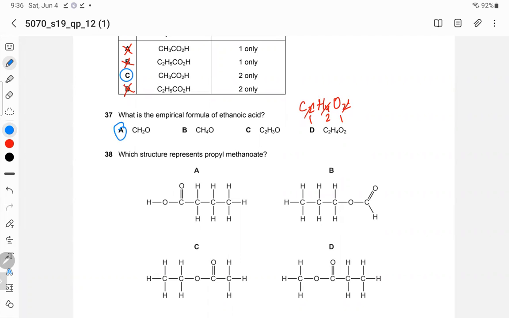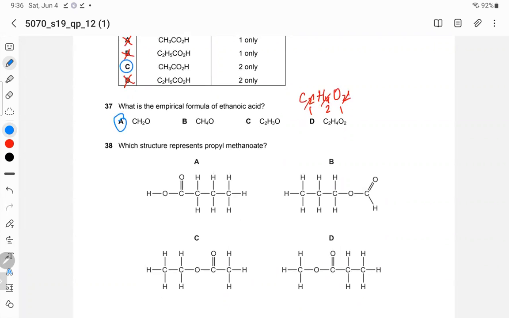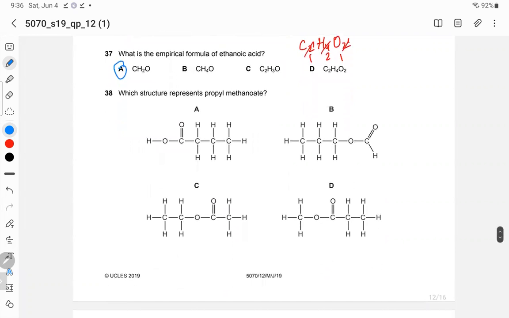Okay. Now question number 38. Which structure represents propyl methanoate? Yes, who can tell me the correct answer? A. A is a carboxylic acid. See, the O is bonded with the H and C double bond O. So A is wrong. And here it's a propanoate because C double bond O has 3 carbons.